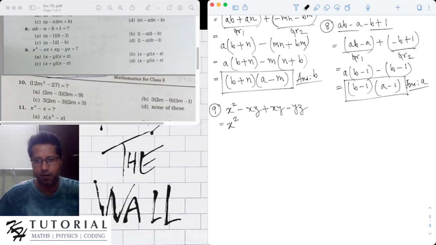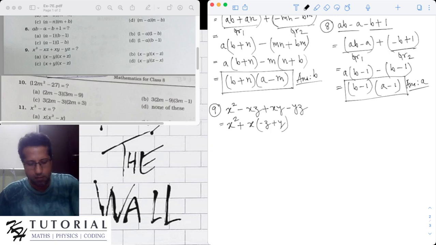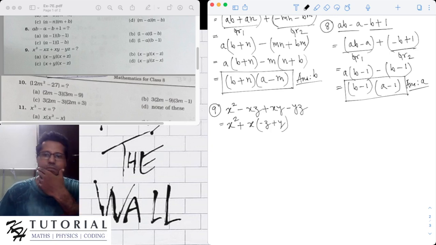So if I take common x from the second term and the third term, I get plus x multiplied by (minus z plus y). Okay, and we have minus yz.